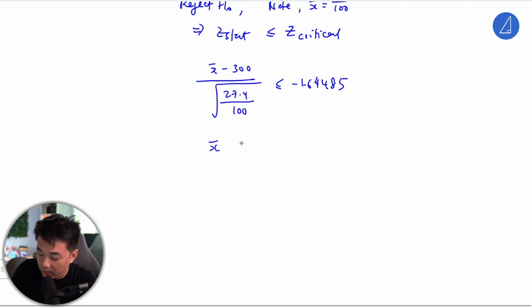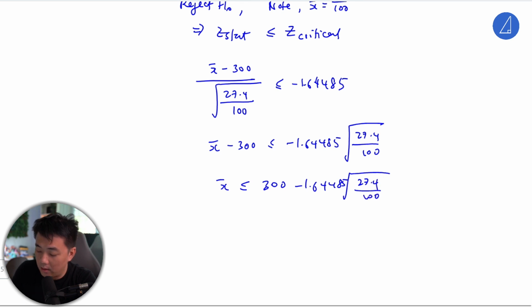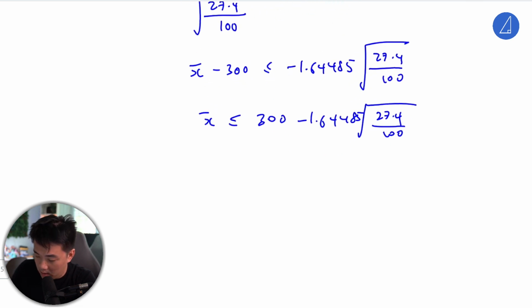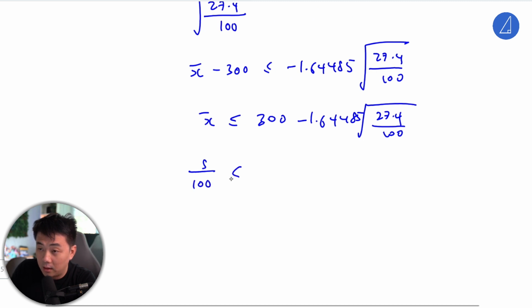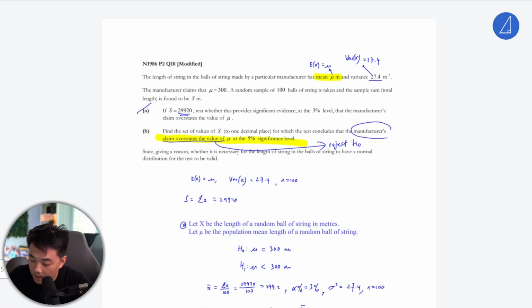In this case, I'm going to just do a normal linear inequality, which is 1.64485 with 7.4 over 100, x bar minus 300. Using the calculator, x bar is 1 over 100 of s, so x bar will be at most 299.139. So s will be at most 29913.9. They want it in 1 dp, so leave it in 1 dp. Okay, so that's about it.